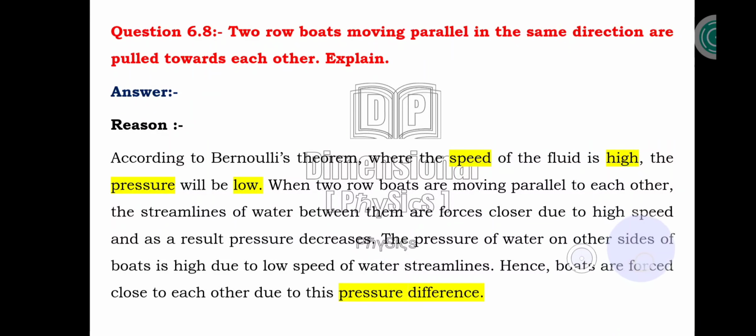The pressure of water on the other sides of the boats is high due to low speed of water streamlines. Hence, boats are forced close to each other due to the pressure difference.